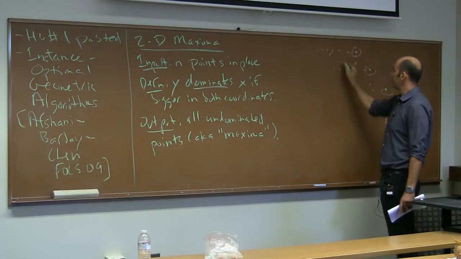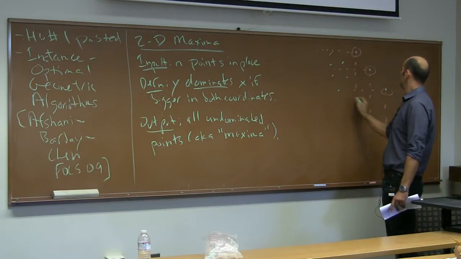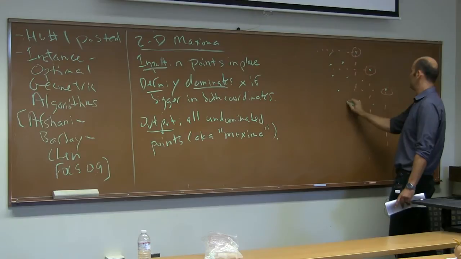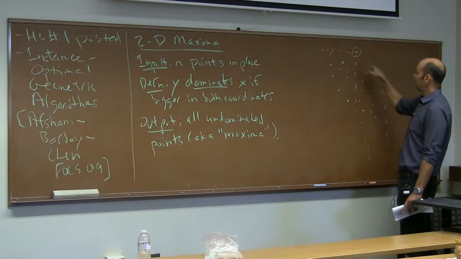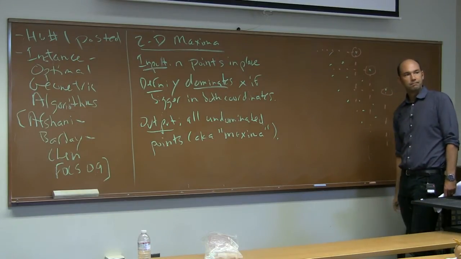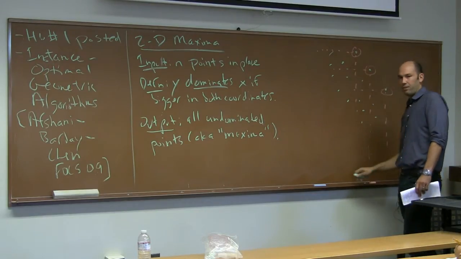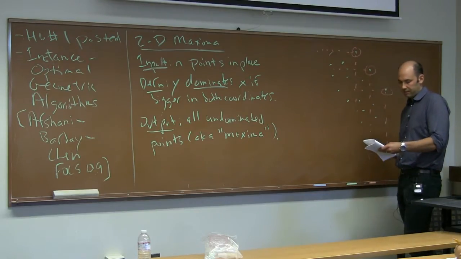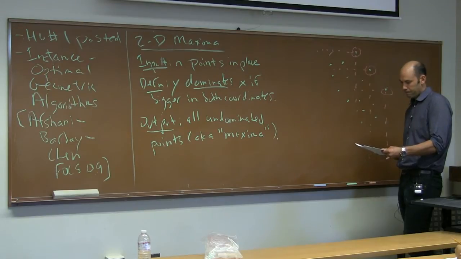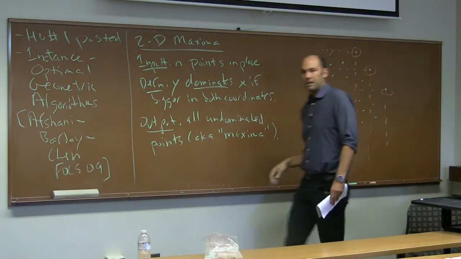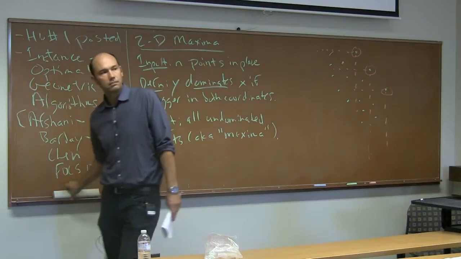If all the other points of the point set lie in these regions of domination, then these are the 3 maxima. So that's the goal: you're given all n of these points, identify the 3 or however many there are maxima. Questions about that? Problem statement clear?